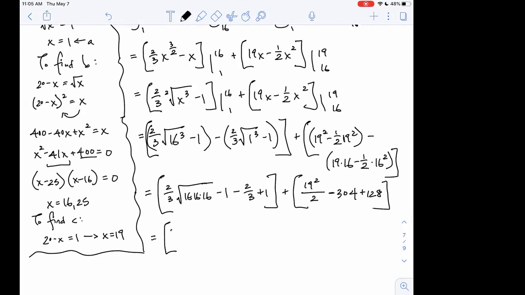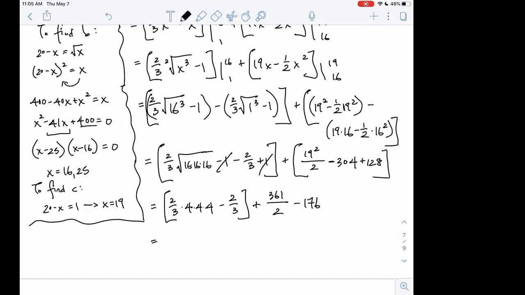And this will give me 2/3 times 4 times 4 times 4. This minus 1 and that plus 1 go away, so minus 2/3 plus 19 squared is 361 over 2, and then negative 304 plus 128 is going to be negative 176.